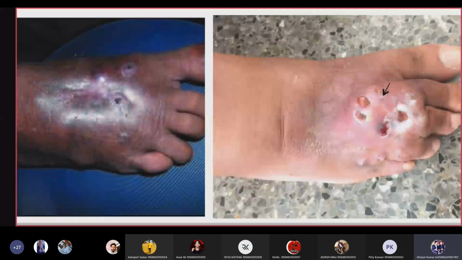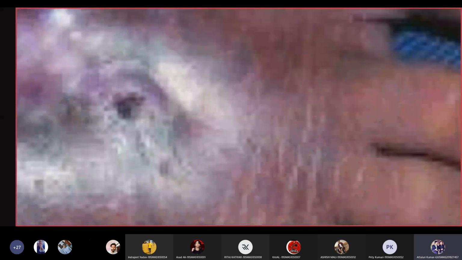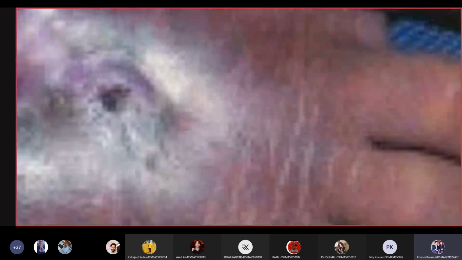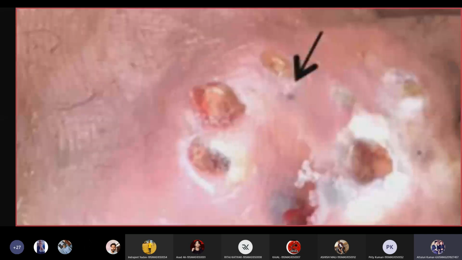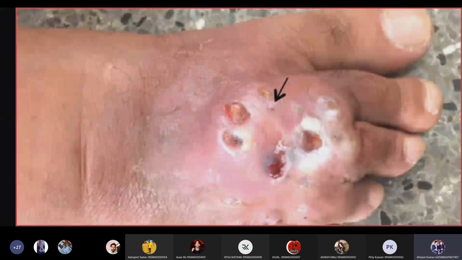The major difference is the presence of black color inside the abscess. Here you can see black color discharge from the abscess, whereas here you can see white color discharge from the abscess.